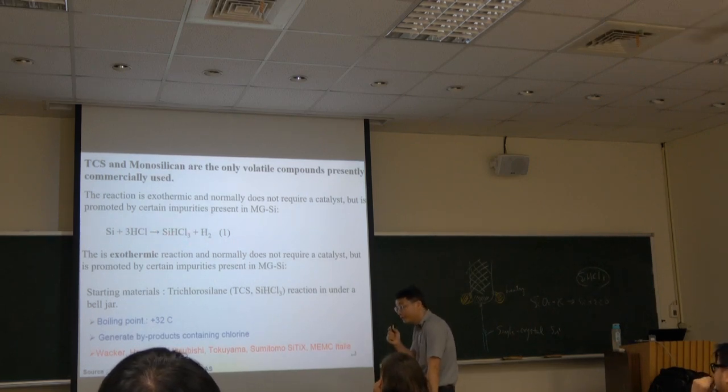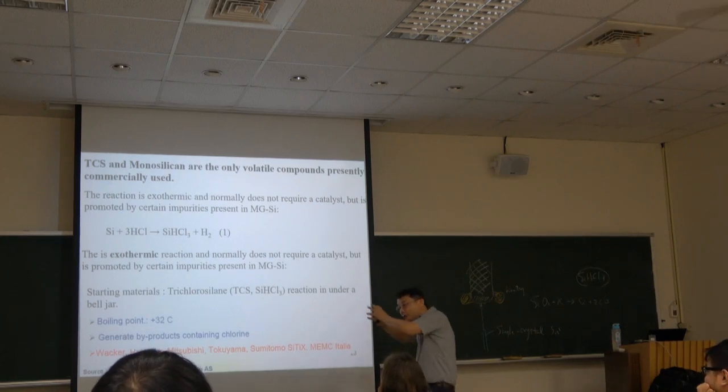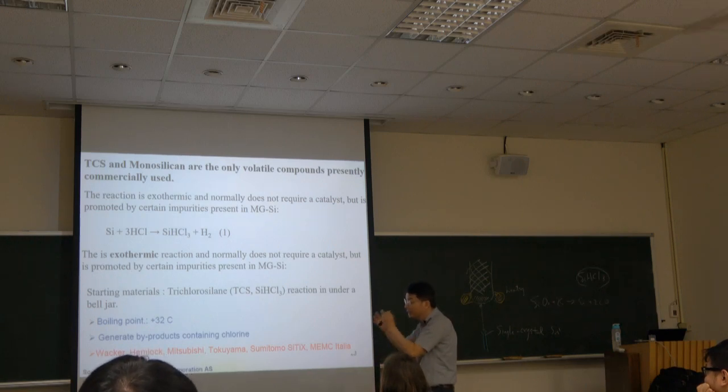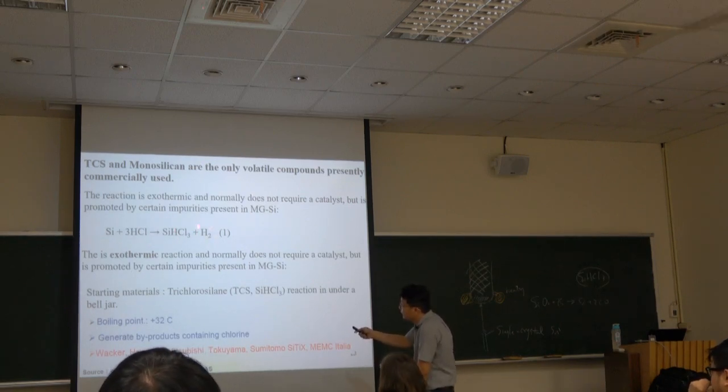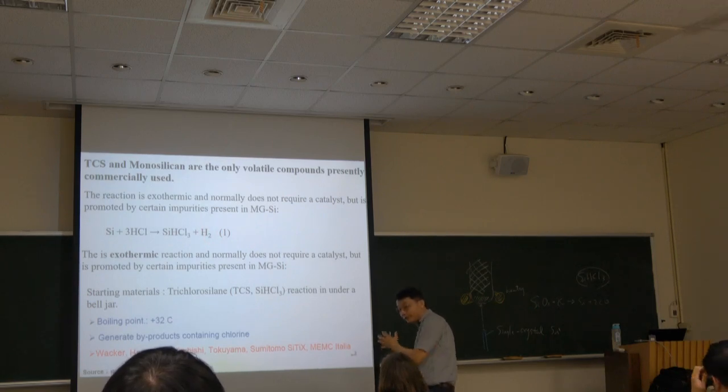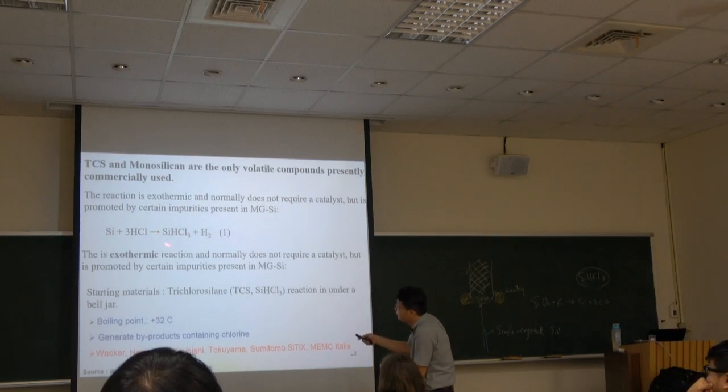This is one of the silicon precursors. The silicon will totally dissolve in the HCl, so you have the precursor SiHCl3 and simultaneously produce hydrogen. This hydrogen we can collect for renewable use. But anyway, we want the precursor SiHCl3.